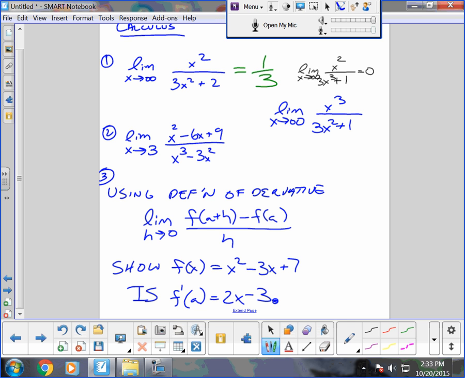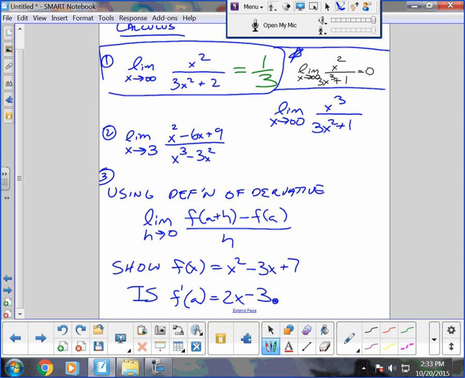The black one's a different example. So this was the one we did, but I'm talking about the other. This is a new problem here. The point to this problem is that when the denominator has a higher order term, it goes to 0. And when the numerator has a higher order term, in this case it's positive. You guys agree? Positive over positive, so it goes to positive infinity.